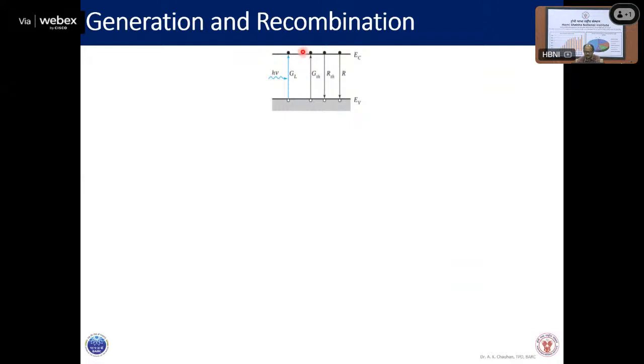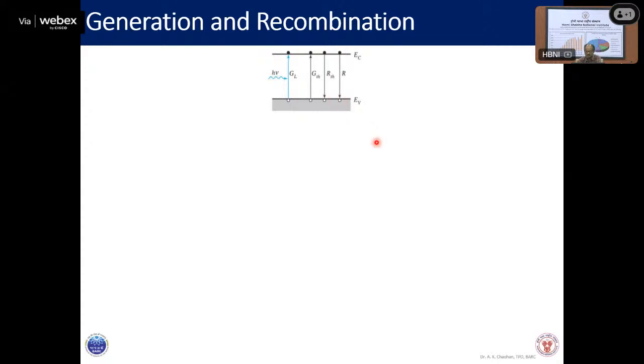It can come directly, or it can follow different intermediate levels. If that energy is in the range of a photon, it will be radiative recombination. Otherwise, it will be non-radiative recombination. So there is thermal generation, and similarly thermal recombination, where phonons are emitted.